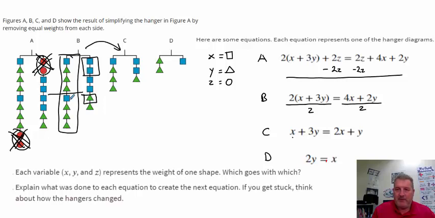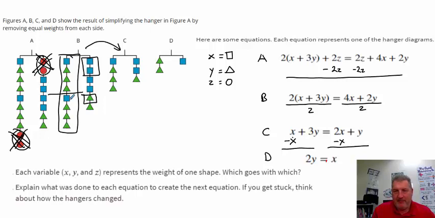So now to get from C to D, what did they do? It looks like they did a couple things in one step, right? We don't have any x's down here, so it looks like they removed the x's. So 1x minus another 1x is nothing, so that's gone. 2x minus an x is an x, so that's there.